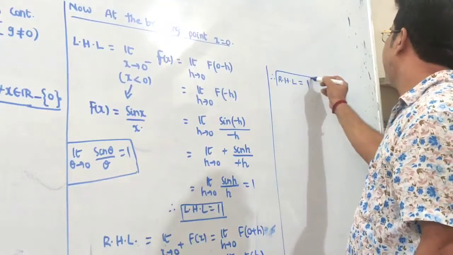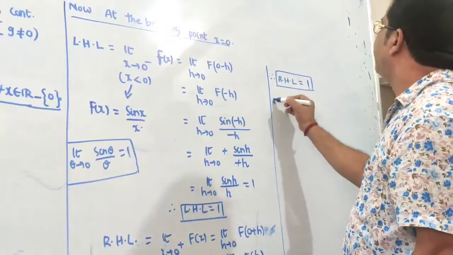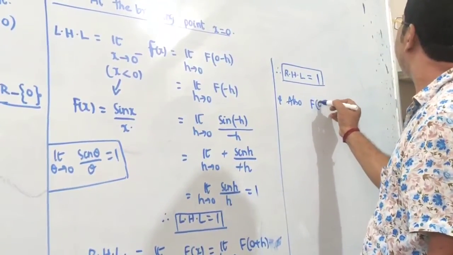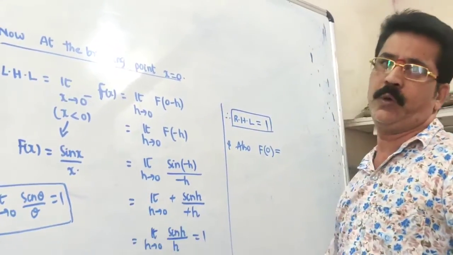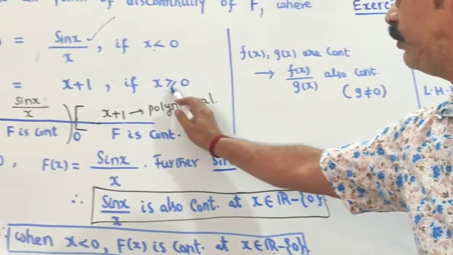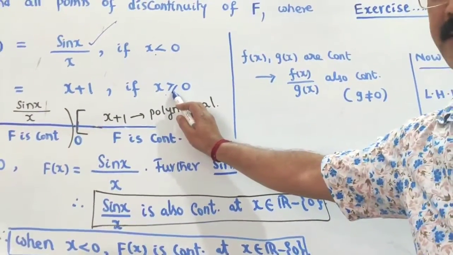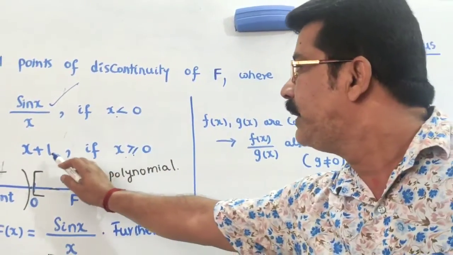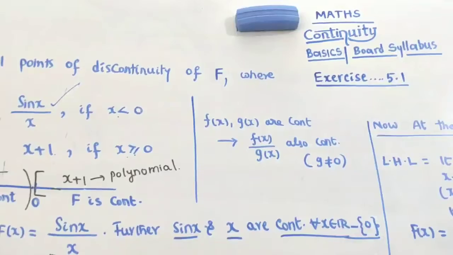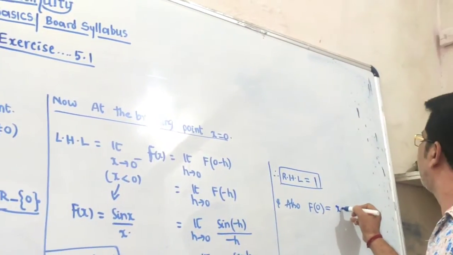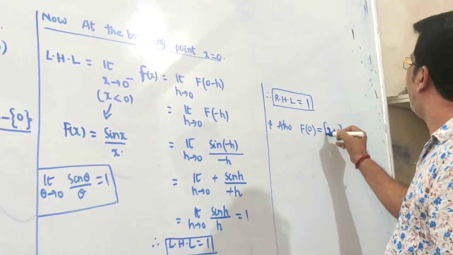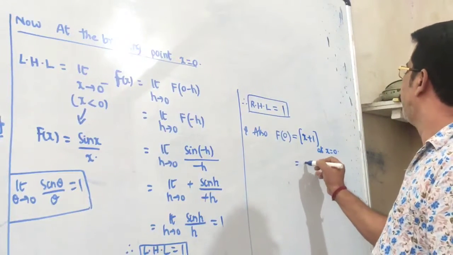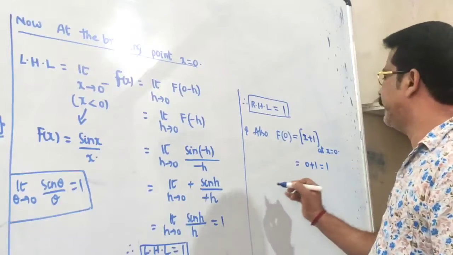So this is the right hand limit, and also capital F of 0 at x equal to 0. This case is included at x equal to 0. It is defined as x plus 1. So x plus 1 at x equal to 0 means 0 plus 1, that is equal to 1.